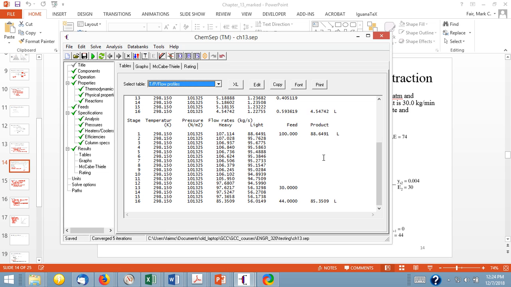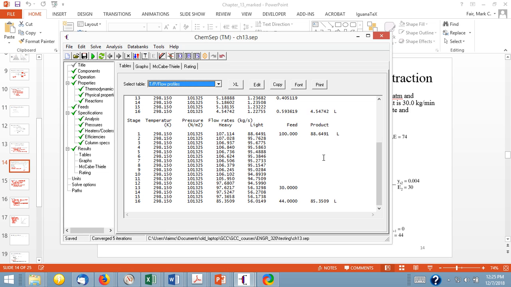Notice what happens. We're coming in with a feed at the bottom that's pure butanol, for instance. Because there's miscibility of water into butanol, equilibrium right as you come in to the extractor means that there's going to be a significant amount of water that's going to go over into the butanol stream.